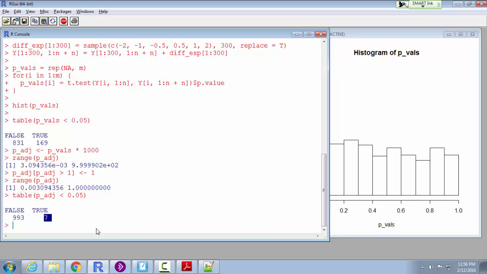I'll show you a picture that you can make, a diagnostic picture, so that you don't have to decide. In fact, when I do this, I don't decide ahead of time. I make a picture and I look at the trade-off. As I make the stringency more and more and more, what's the trade-off in terms of how many features I get? And often, if you make the picture, you can see increasing stringency up here gets me lots of new features, and then beyond that point, I don't get much more.